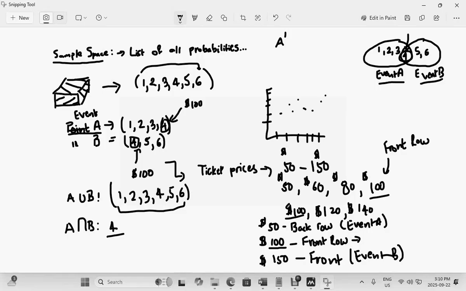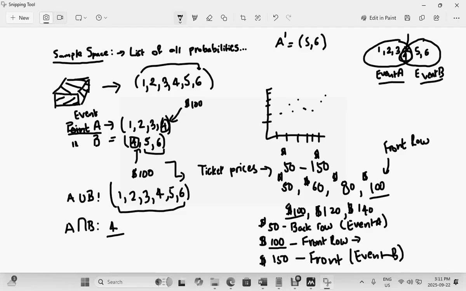So A prime, or complement of A, will be all the points that are not in event A. Say for example, this is event A, 1, 2, 3, 4, and event B, 4, 5, 6. The points that are not in event A are 5 and 6. So A prime will be 5 and 6.